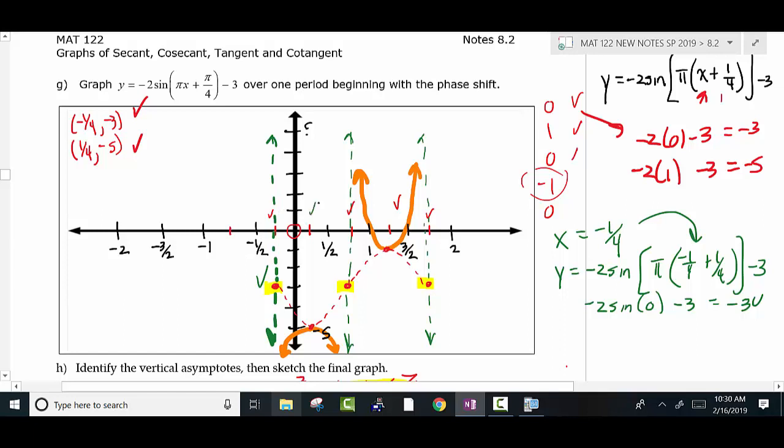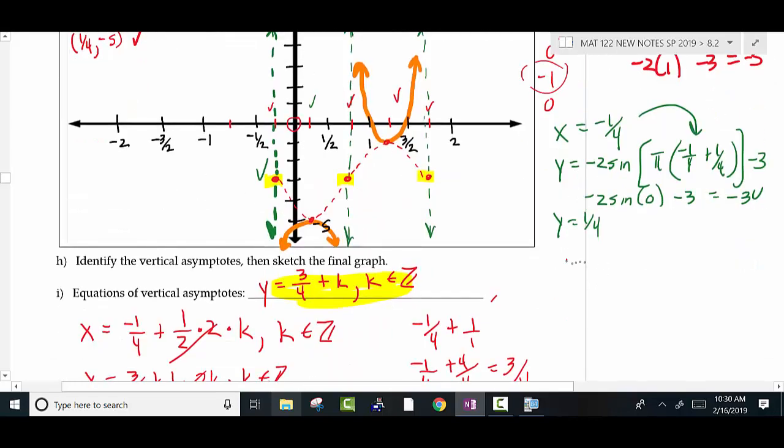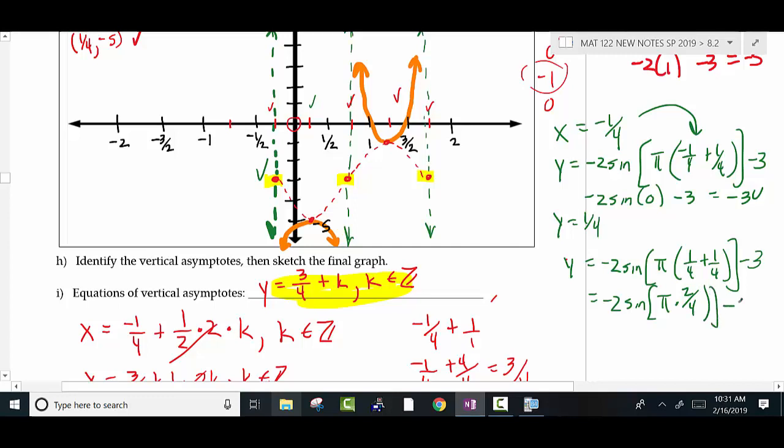The next point is 1/2 or 1/4, so let's check 1/4. If you do that, you would have y equals negative 2 sine pi times 1/4 plus 1/4, minus 3. So that would be negative 2 sine pi times 2/4 minus 3.